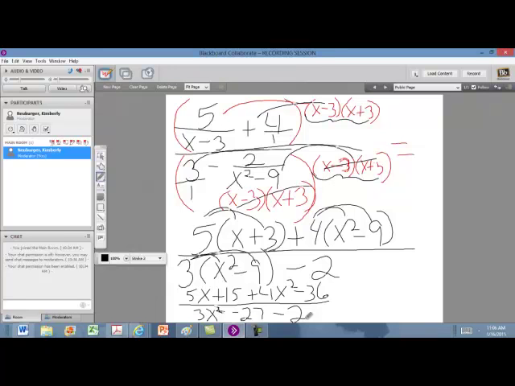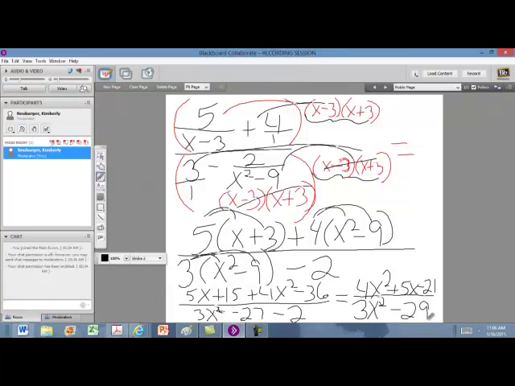Now we can go ahead and simplify this a little bit farther by adding our like terms. We have a 4x squared up here, and then plus 5x. And then we also have like terms of a positive 15 and a negative 36. And if you go ahead and add those, you end up with a minus 21. And then in the denominator, we have a 3x squared minus 29. And that's your final answer.